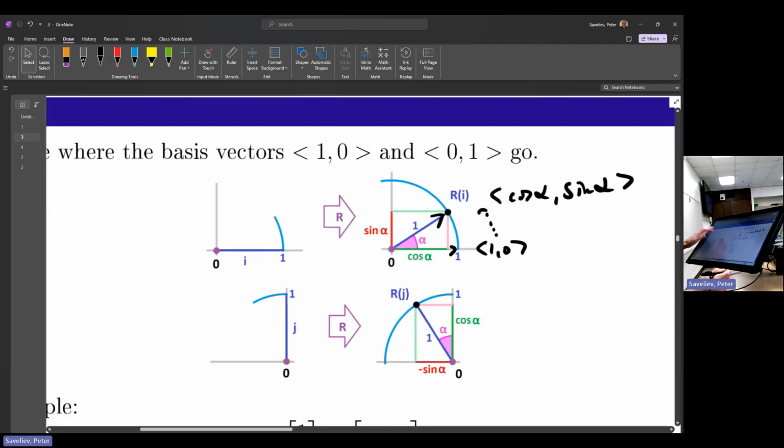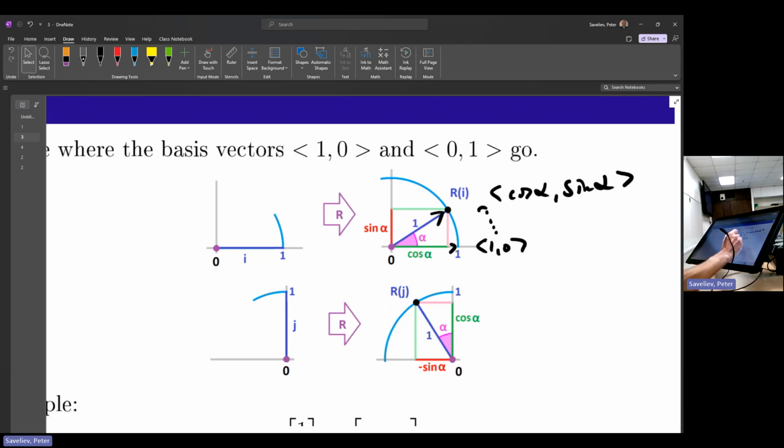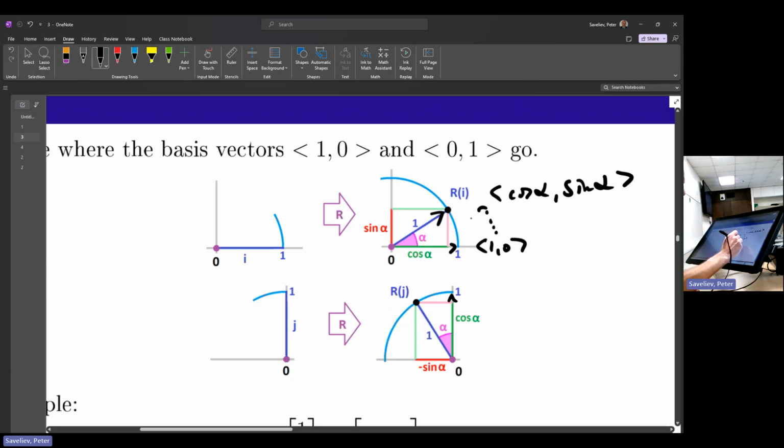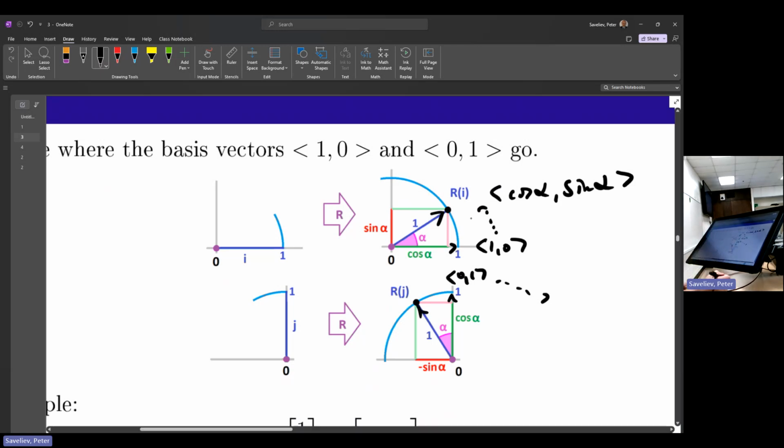Okay, and similarly, we are doing the same thing with the vertical vector. This vector is 0, 1. And under the transformation, where does it go? Once again, looking at the coordinates of the new vector. This is my new vector, and its coordinates are negative sine alpha, cosine alpha, and these are the columns.